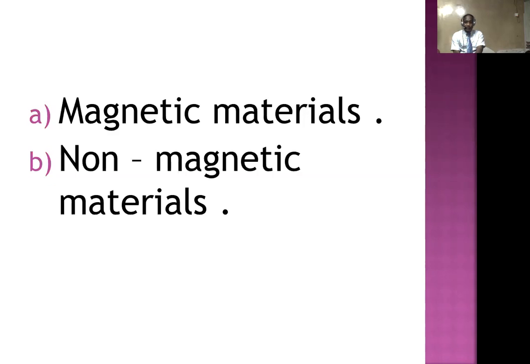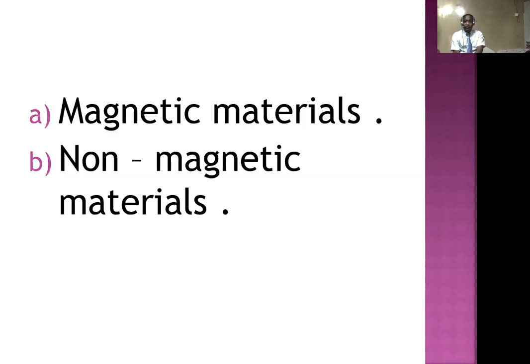Non-magnetic materials are materials that cannot be attracted by a magnet. Why? Pupils, because they do not contain iron.